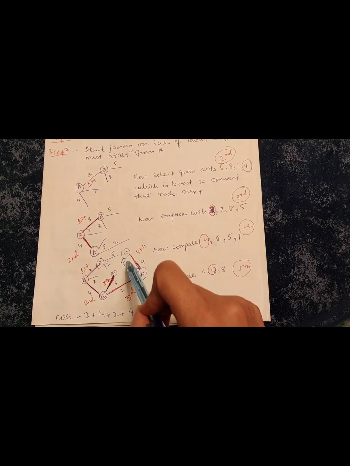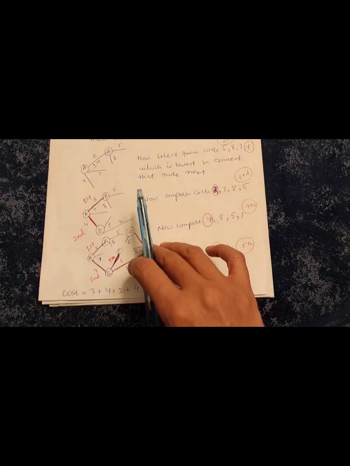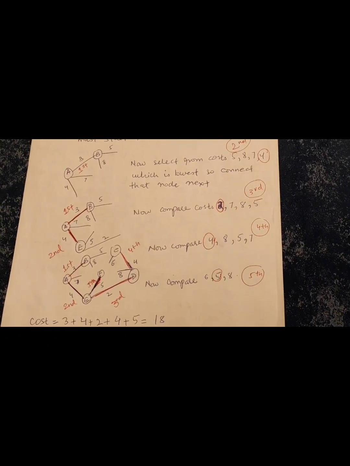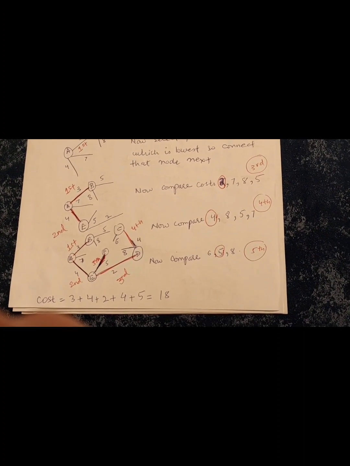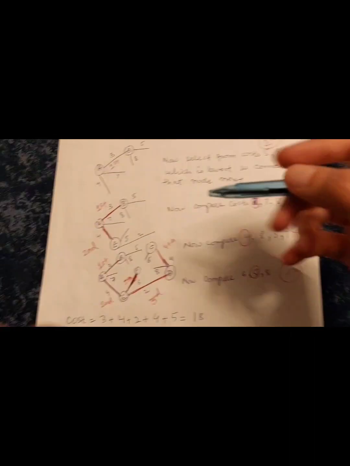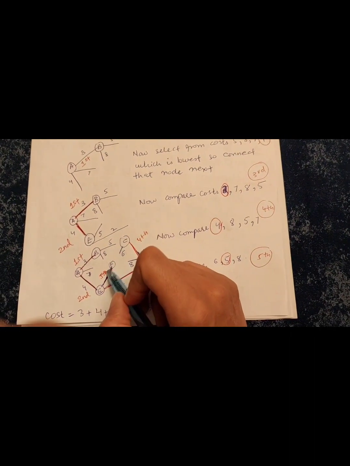Whenever you are applying minimum spanning tree solutions, you have to remember that you do not have to make a cycle, because a tree is never cyclic. A tree is always an open loop, it never gives a closed loop solution. So you will not connect this 5, you will connect this 5.